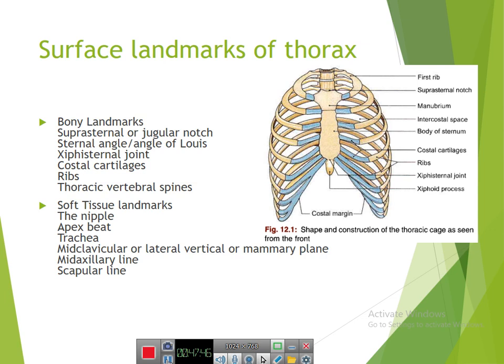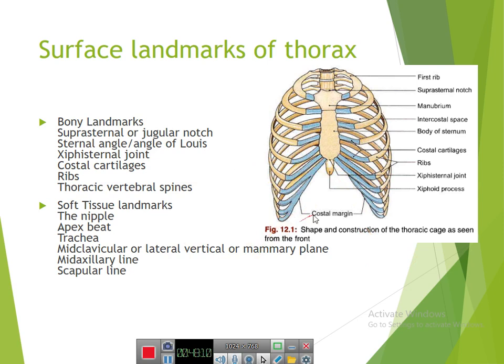As I told before, the third bony landmark of the thorax is the xiphisternal joint. The costal margin that you can see here, on each side is formed by the 7th to 10th costal cartilages.